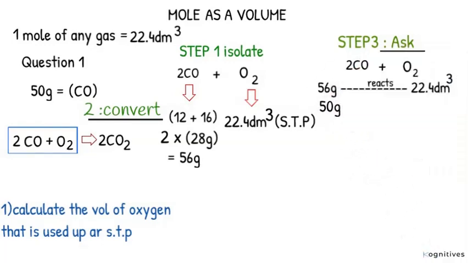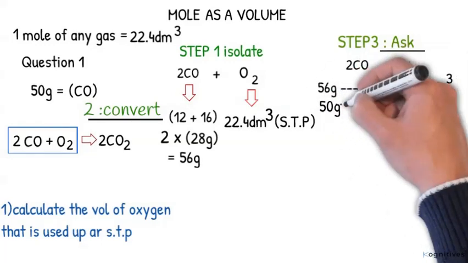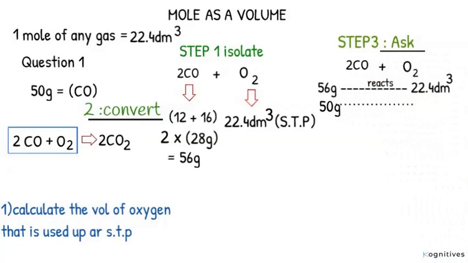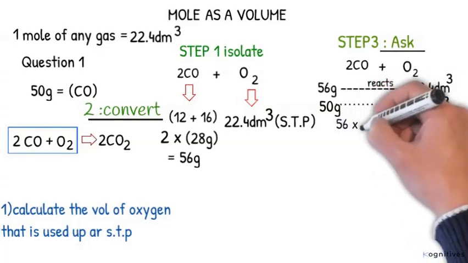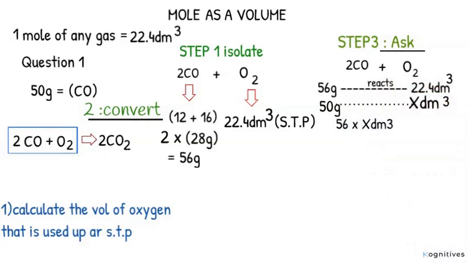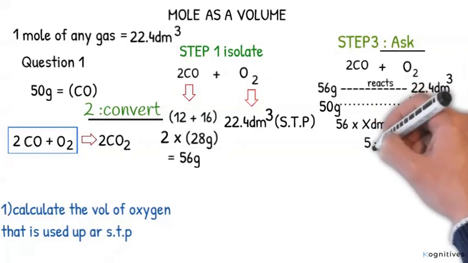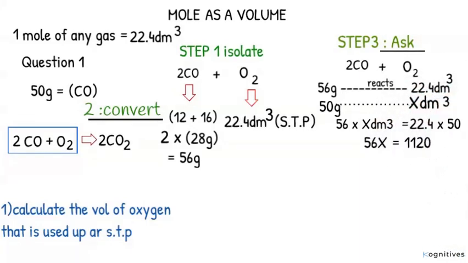We were given 50 grams. So if 50 grams is reacted instead of 56 grams, what will be the volume of oxygen that 50 grams will react with? Let's cross multiply. Cross multiplying, we have 56 grams times the x, or the unknown volume of oxygen, will be equal to 22.4 times 50 grams. 56x is equal to 1120.